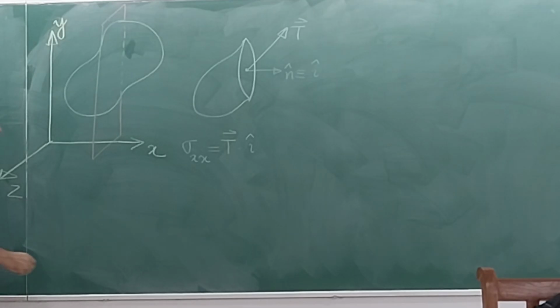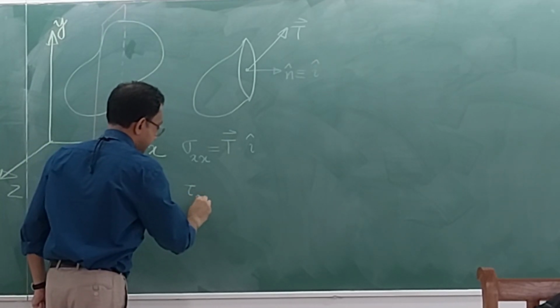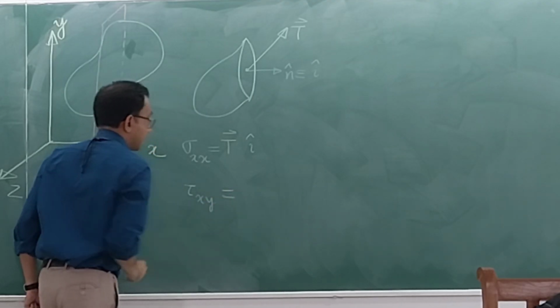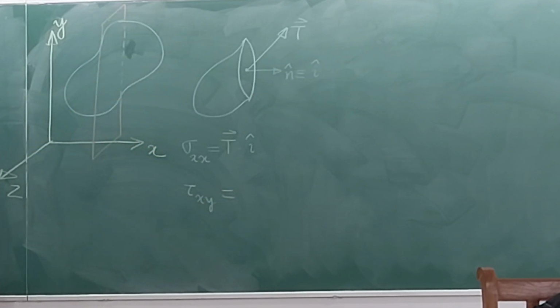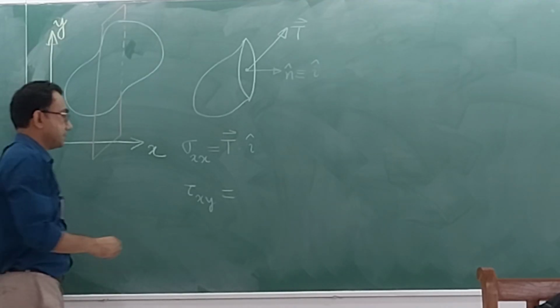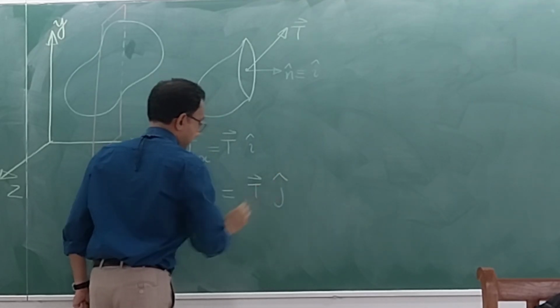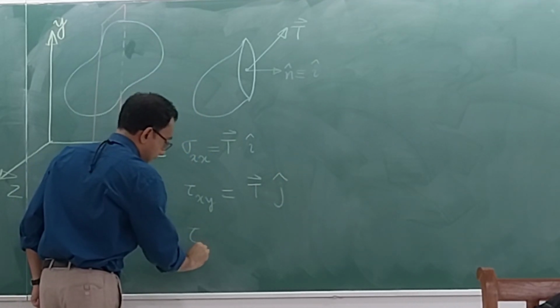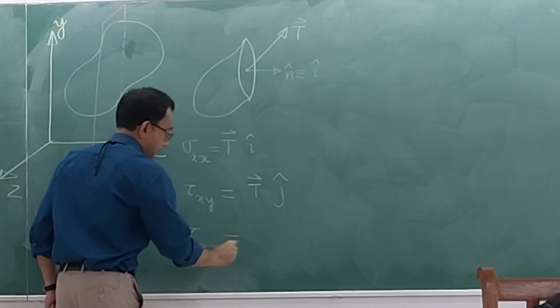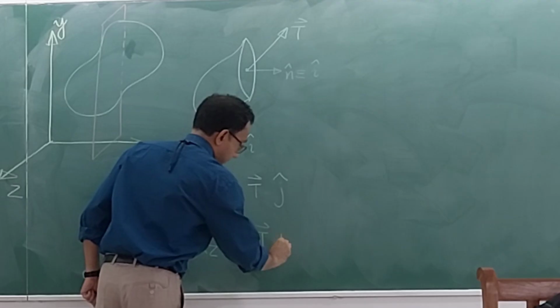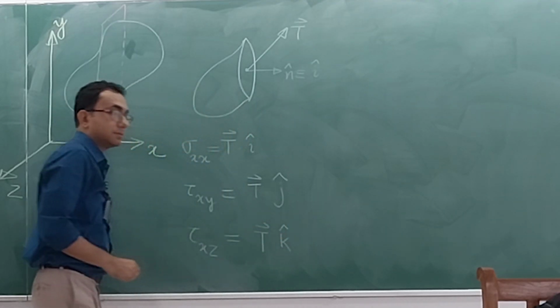Now you tell me what should be the tau xy. T dot j. What is the txz? It is t dot k.